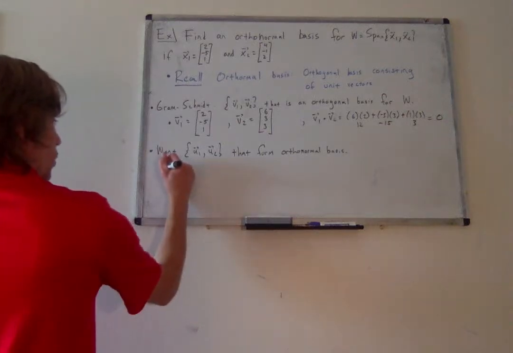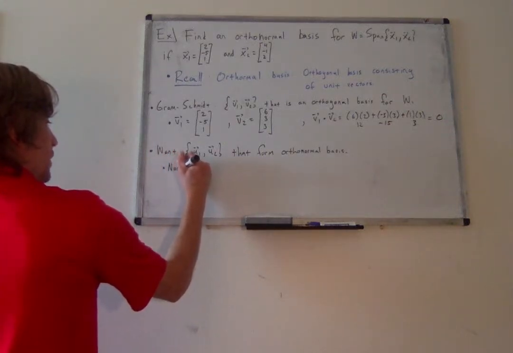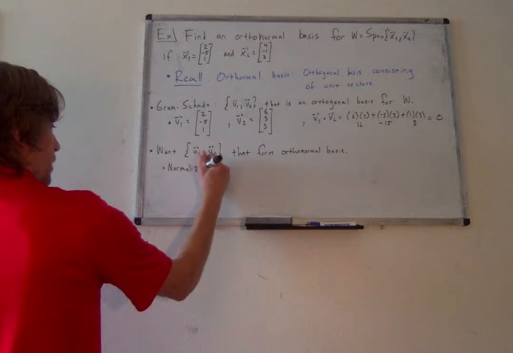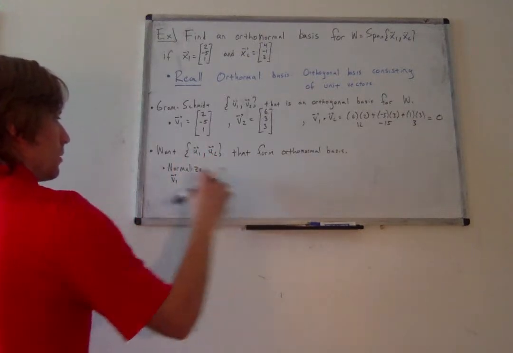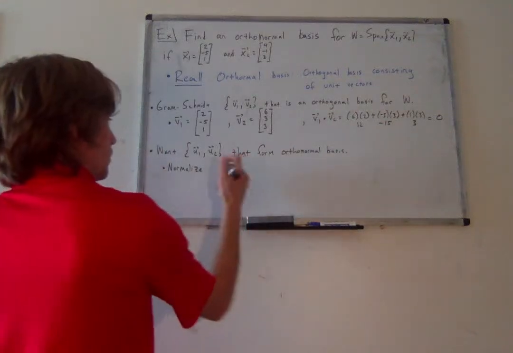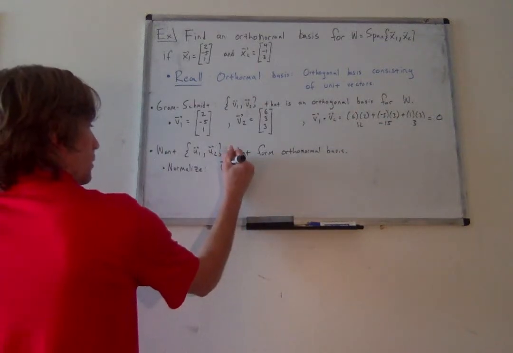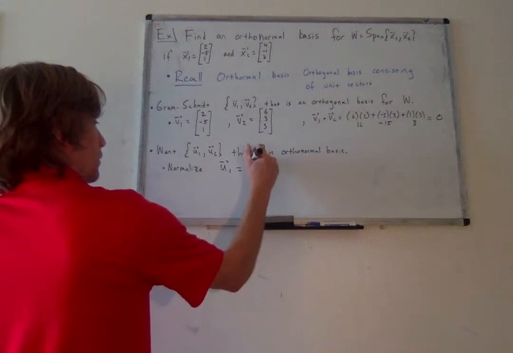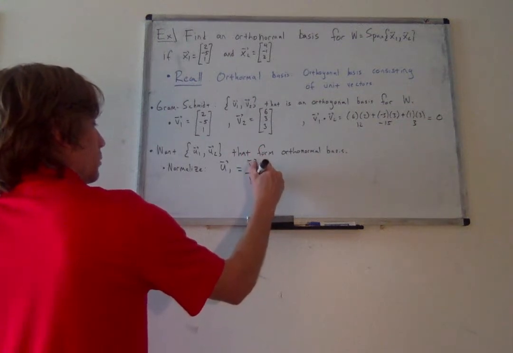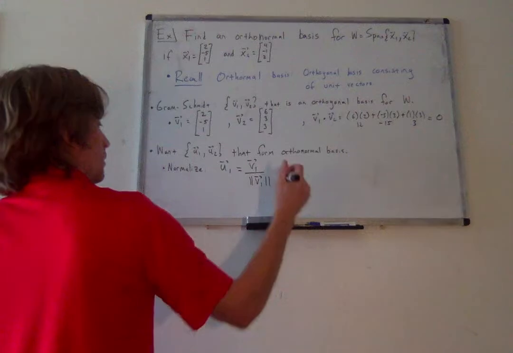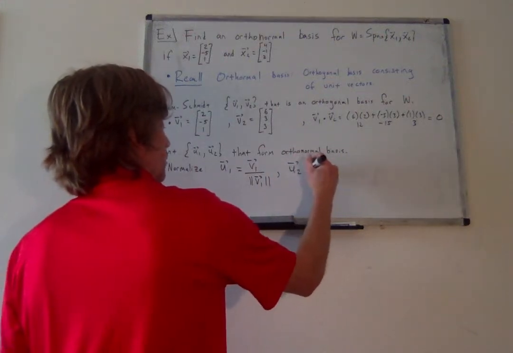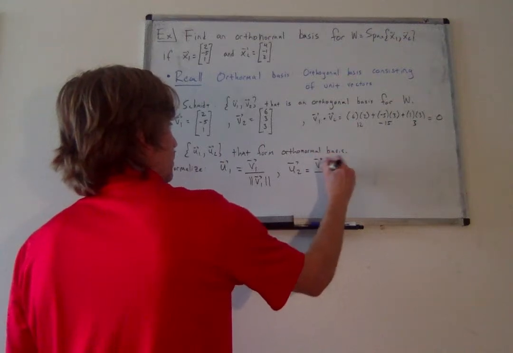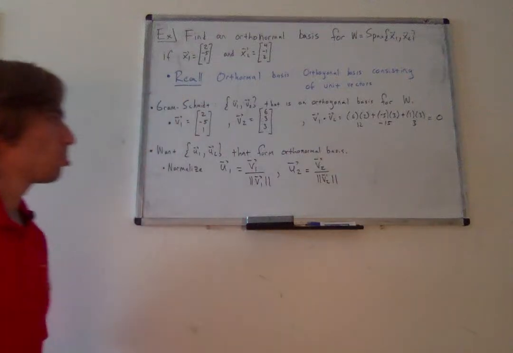Well, remember, we can always normalize any vector, that is, transform it into a unit vector, by dividing it by its norm. So we're going to let u1 equal the vector v1 divided by the norm of v1, and we'll let u2 be the vector v2 divided by the norm of v2.